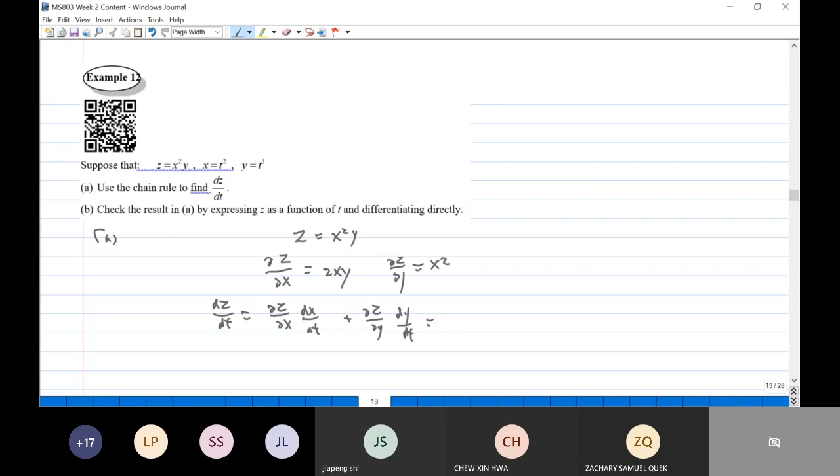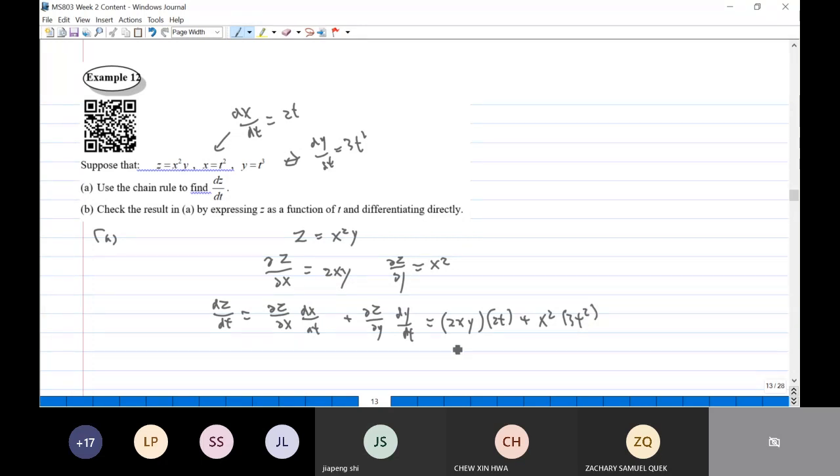So you get 2xy, and dx/dt is 2t, and dy/dt is 3t squared. So x squared times 3t squared.